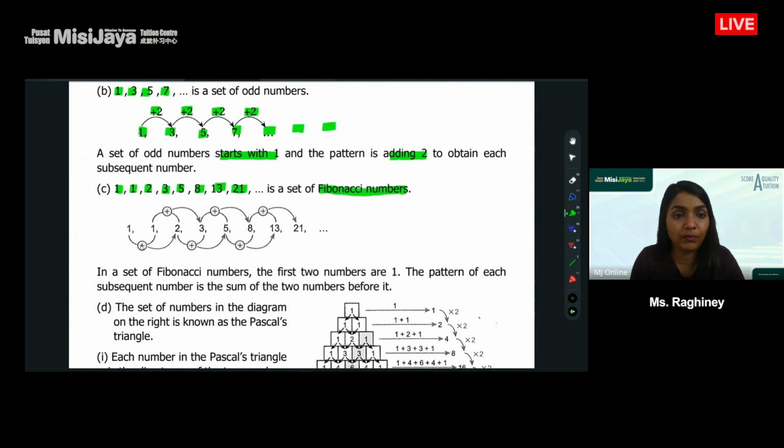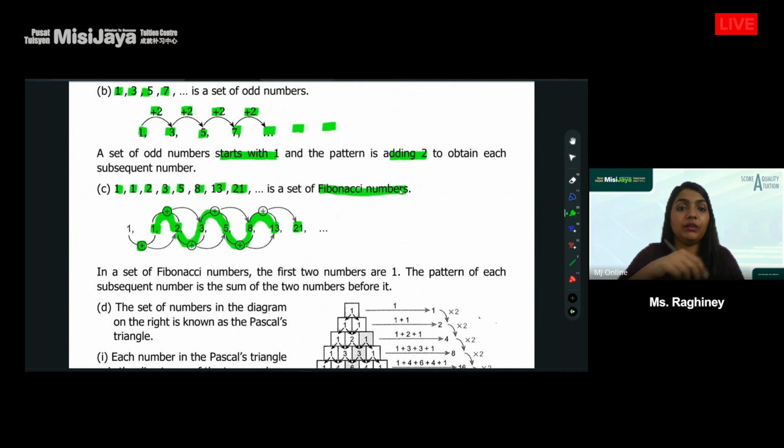It's actually 1 plus 1, you get 2. And then 1 plus 2, you get your 3. And then 2 plus 3, you get 5. 3 plus 5, you get 8. 5 plus 8, you get 13. 8 plus 13, you get 21. And it goes on like this.